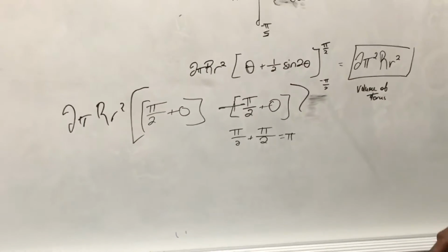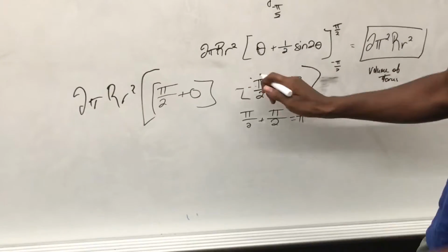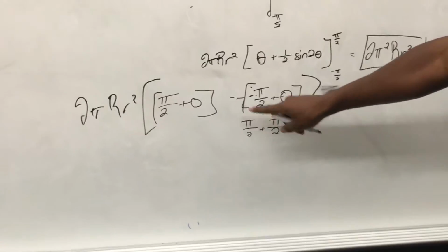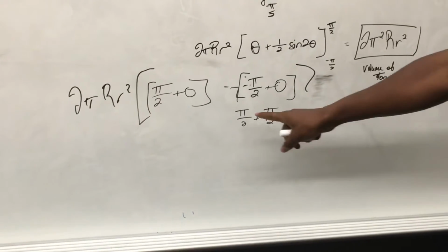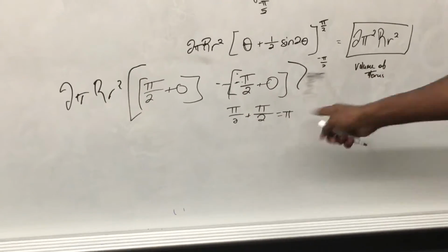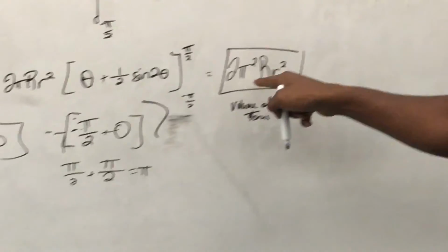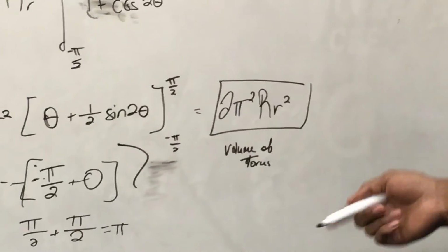So that goes to 0, and the same thing here. This becomes 0, that becomes 0, and that's negative pi over 2, and since it's minus, the minus and the minus become a plus, and then you get pi over 2 plus pi over 2 equals pi. And so then you would multiply that in, and you get 2 pi squared R and the little r squared, and that's the volume of a torus.